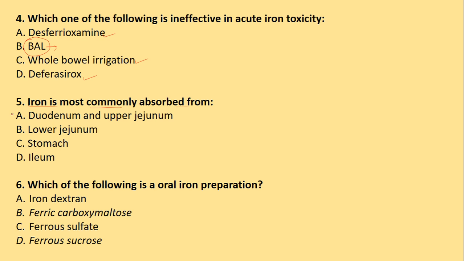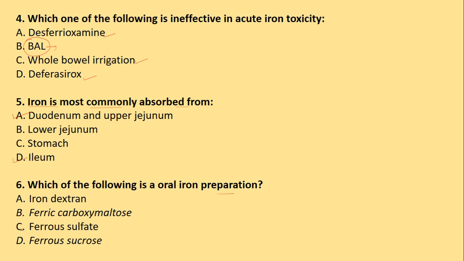Iron is most commonly absorbed from which part of the intestine? Mainly it is the duodenum and upper jejunum. Whereas in the ileum, there will be absorption of folic acid, and also in the jejunum there will be absorption of vitamin B12. Which of the following is an oral iron preparation?